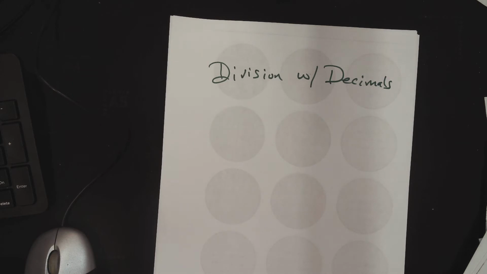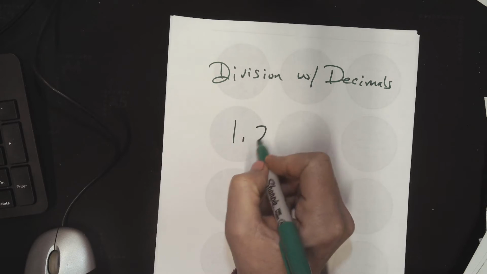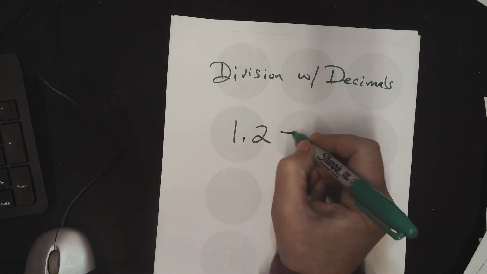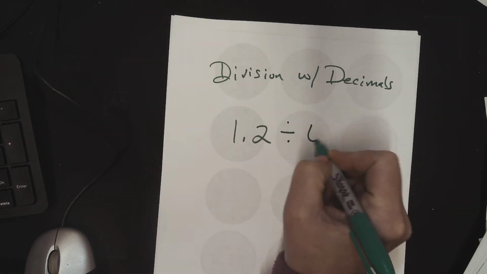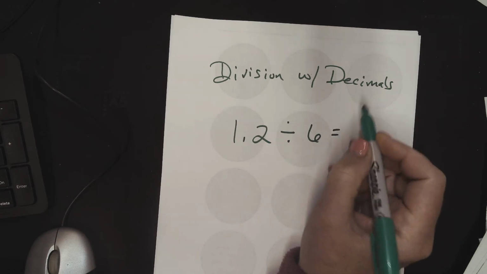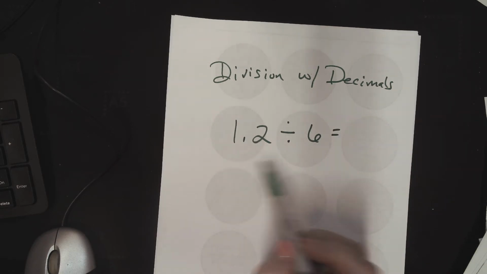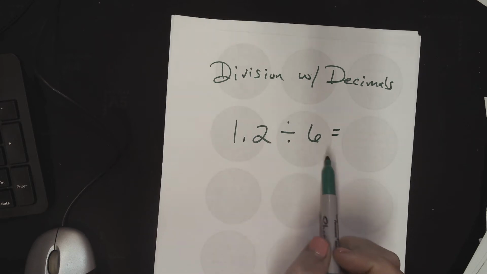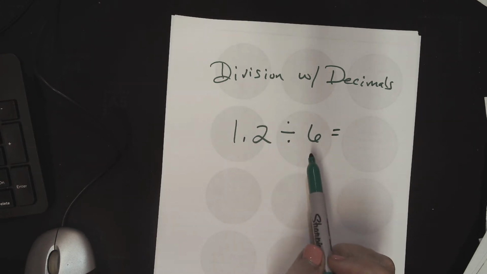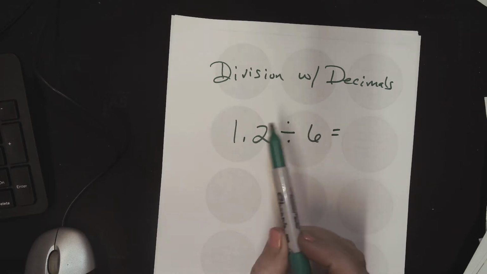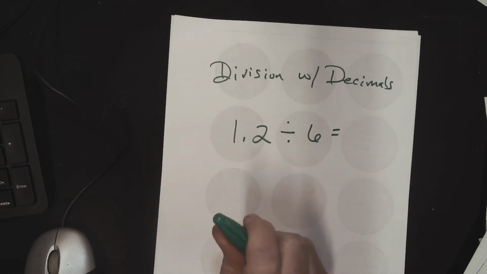Okay. 1.2 divided by 6. Okay, if I just take the decimal point out, don't look at it right now. What do you notice between the relationship between this number and this number? If I try to block the decimal point out for a second, what do you notice, Paisley?